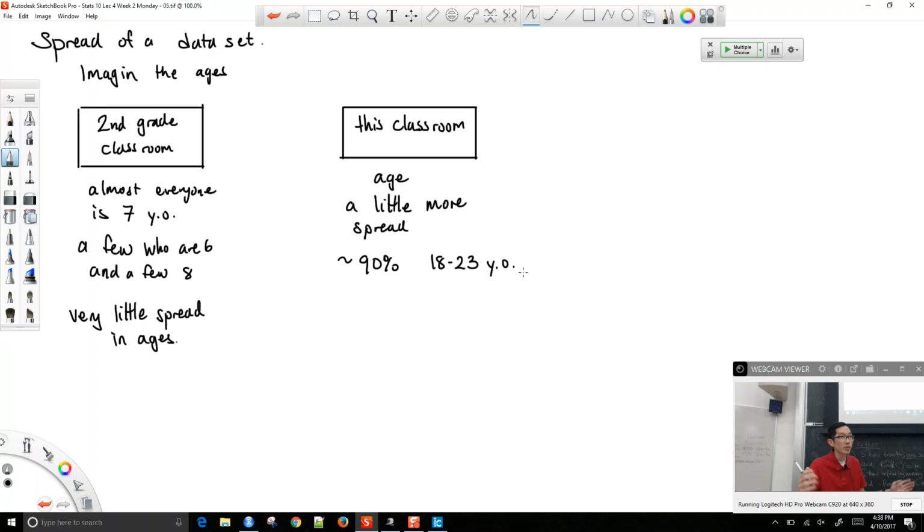And there's also going to be some students who are older than that, okay? And the rest will be older. But by and large, the majority of students are within a certain age range, okay? So here we've got a moderate amount of spread.